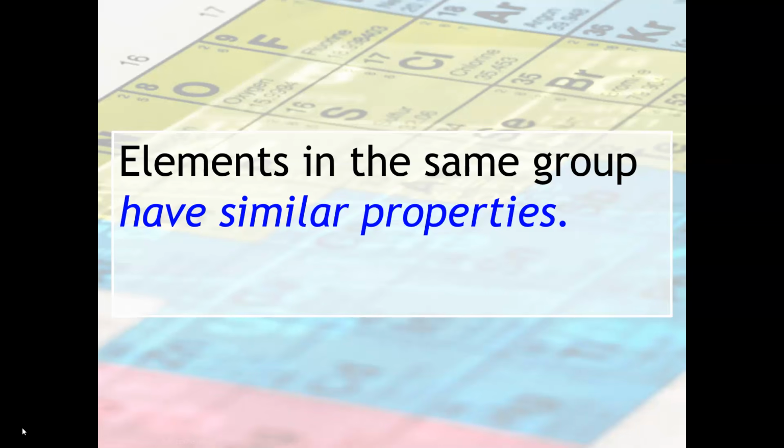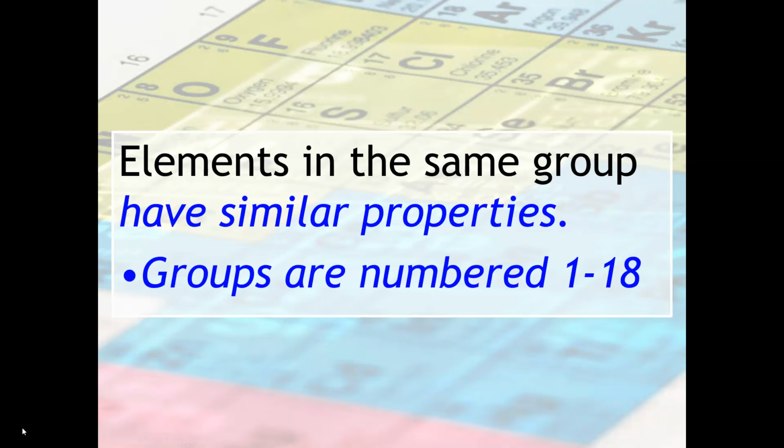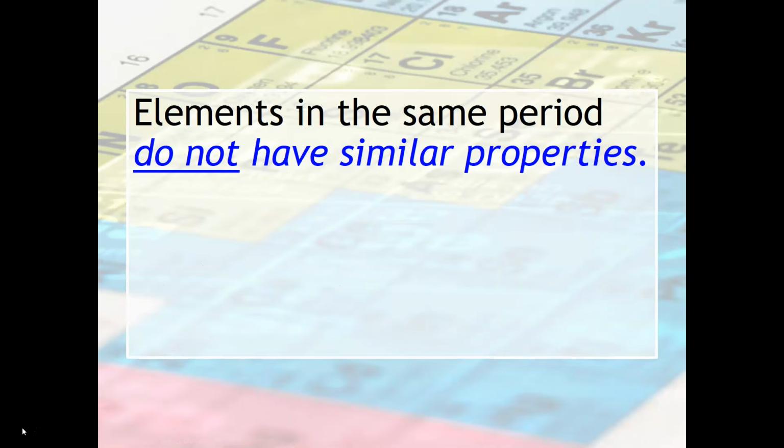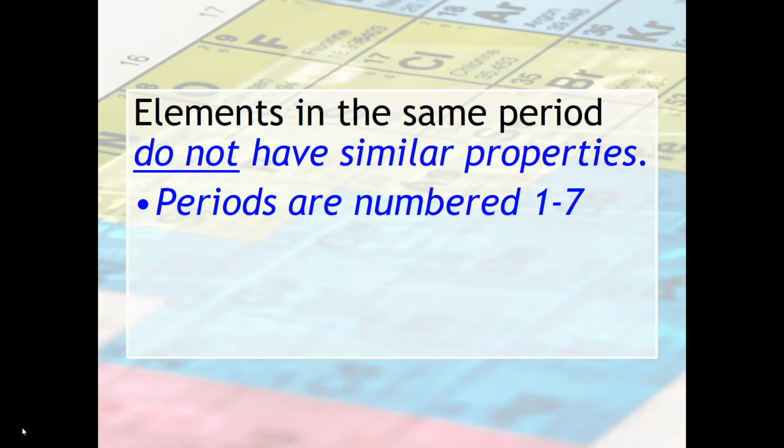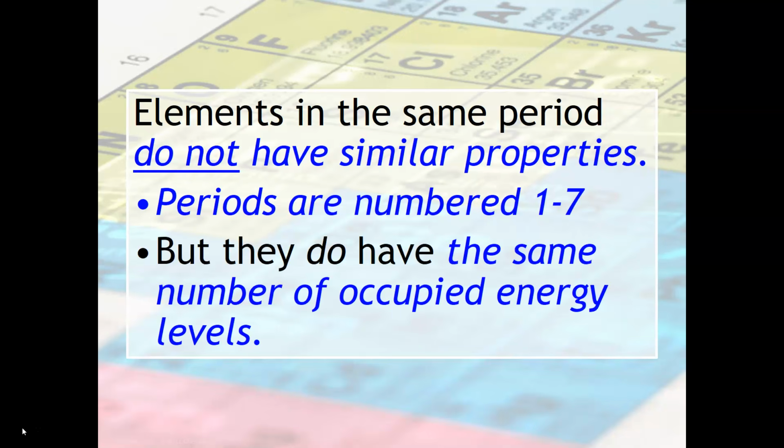Elements in the same group have very similar properties, and groups are numbered 1 through 18. Elements in the same period, however, do not have similar properties, but your periods are numbered 1 through 7. One of the things that they do have in common, though, is that these elements have the same number of occupied energy levels.